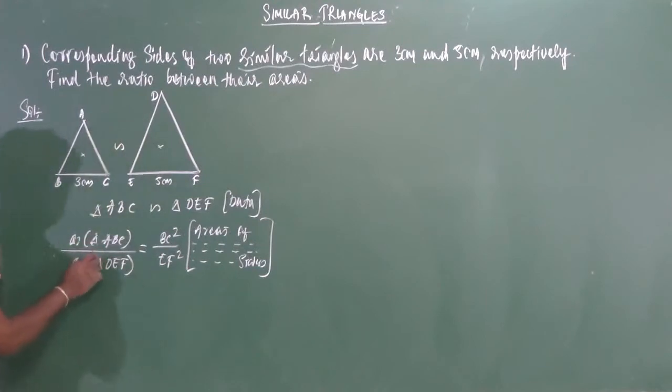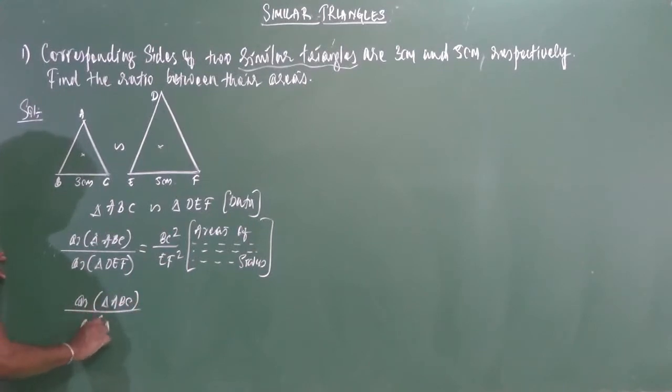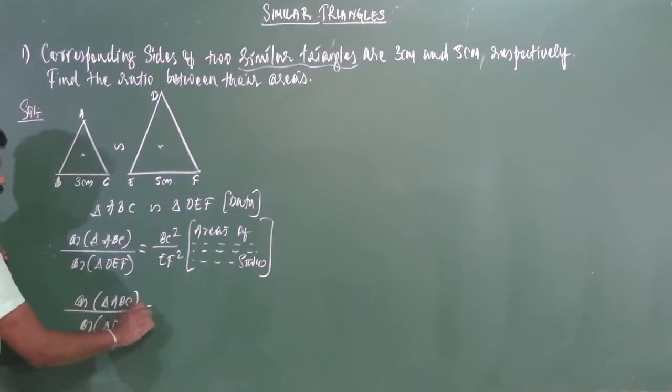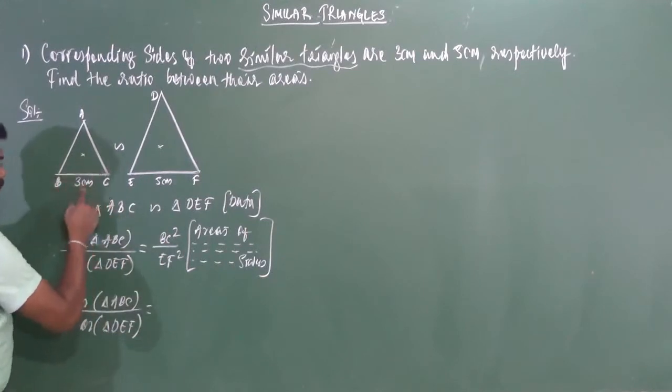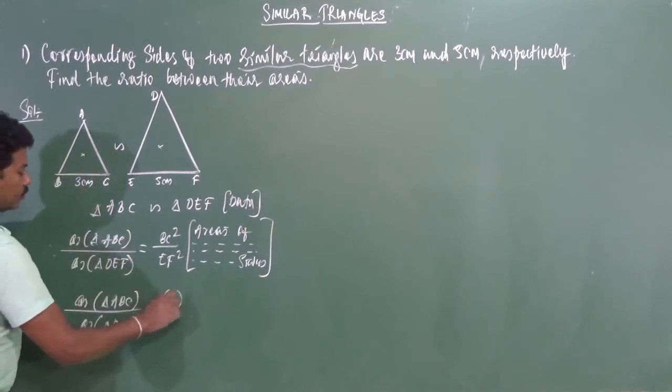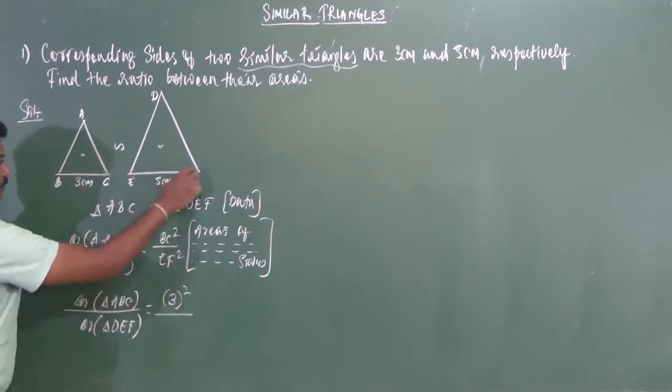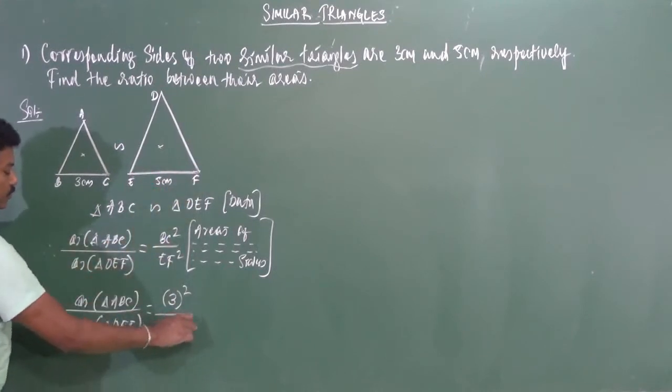So now we have to find the ratio between these two. Area of triangle ABC by area of triangle DEF is equal to BC is equal to 3 centimeters whole square by EF is 5 centimeter, that is whole square.